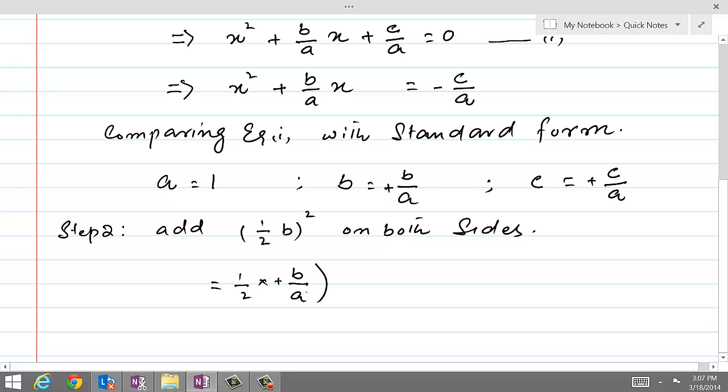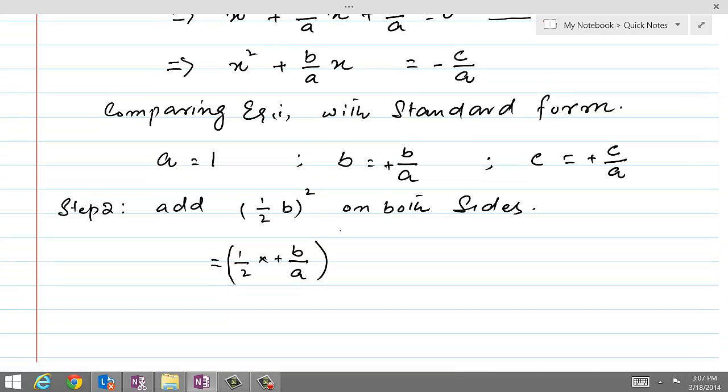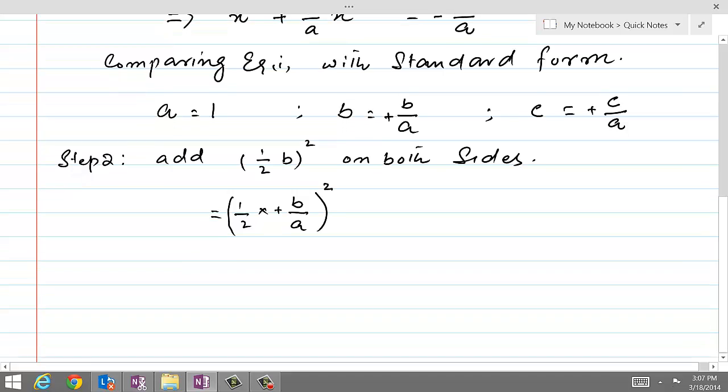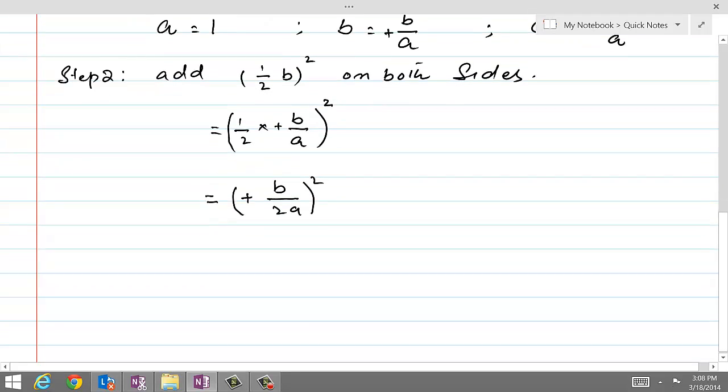That is the coefficient of x multiplied by 1 by 2, and then taking the square, we will add this quantity on both sides of the equation. If we further simplify it, this will become plus b over 2a whole square. This is what we are going to add on both sides.